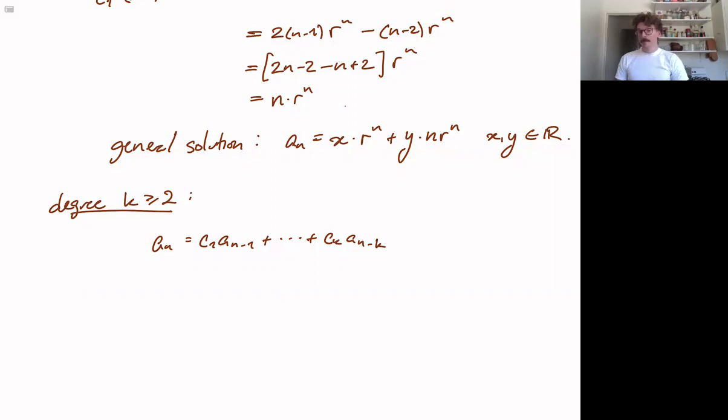And basically, we do exactly the same thing, exactly the same procedure, except our characteristic equation is now a polynomial of degree k, rather than a polynomial of degree 2.